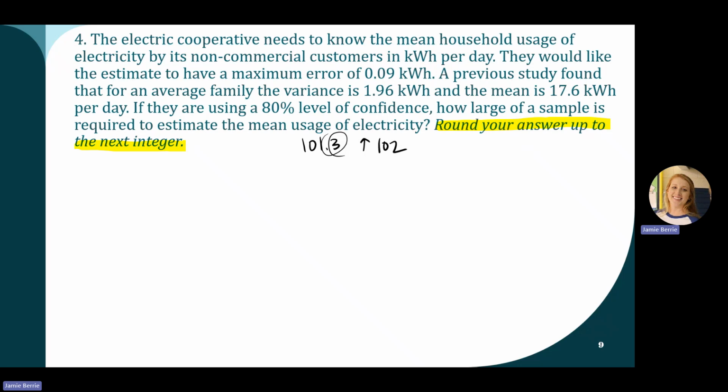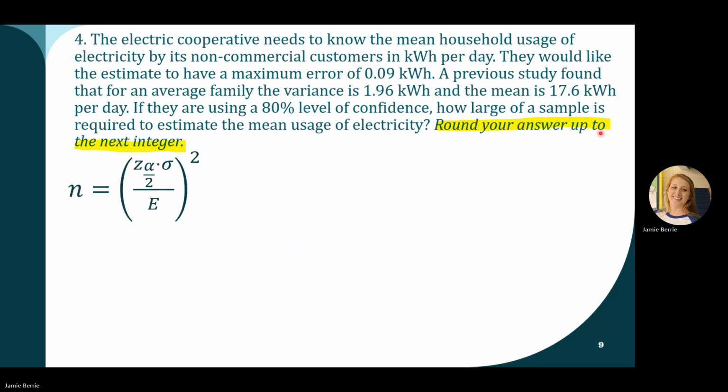In this case, it's people because we're talking about people that use electricity. But if you were doing this for like marine biology or whatever, it doesn't have to be people. It can be animals, it can be shells, it could be bugs. So we're always rounding that answer up no matter what. So we're ignoring rounding rules.